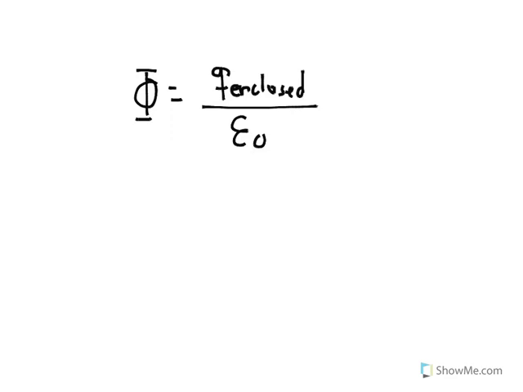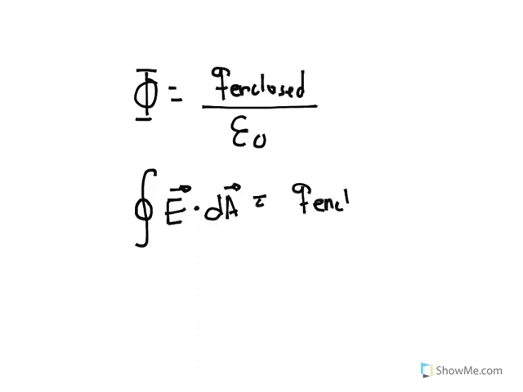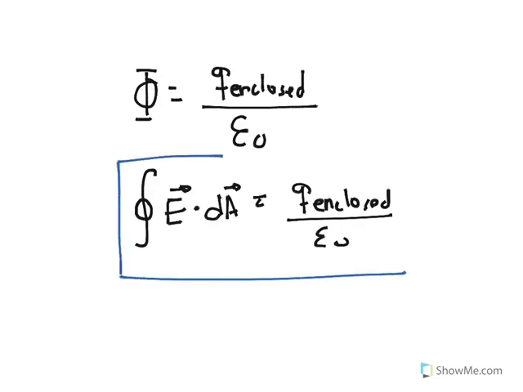So at the very end, the integral over the surface of E dot dA, which is the electric flux, is equal to the charge enclosed over epsilon 0. This is called Gauss's law.